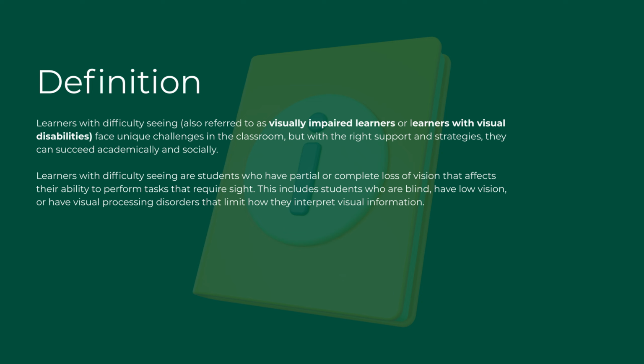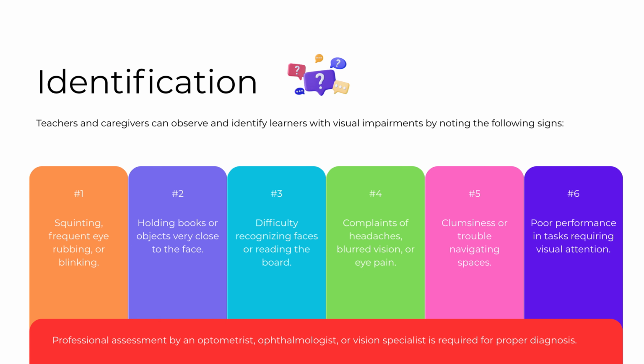In addition, learners with difficulty seeing are students who have partial or complete loss of vision that affects their ability to perform tasks that require sight. This includes students who are blind, have low vision, or have visual processing disorders that limit how they interpret visual information. At this point, let's proceed to the identification.